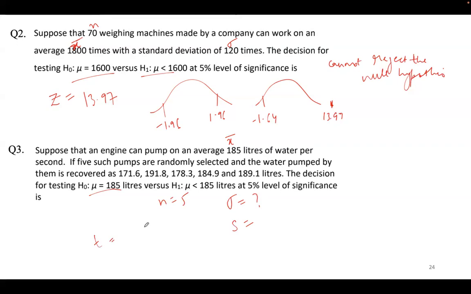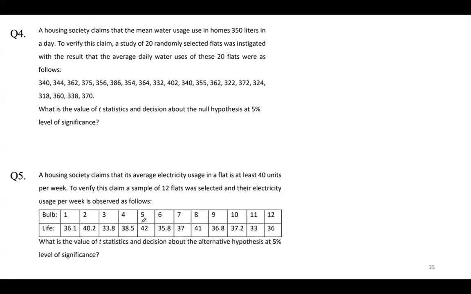You can also solve this via R. Let me know in case you want me to solve any of these questions in detail. But otherwise, they are exactly the same way that we've just seen in the previous slides. Likewise here.